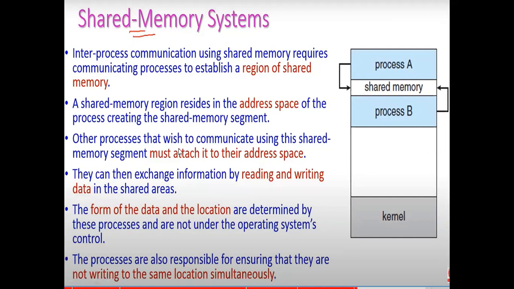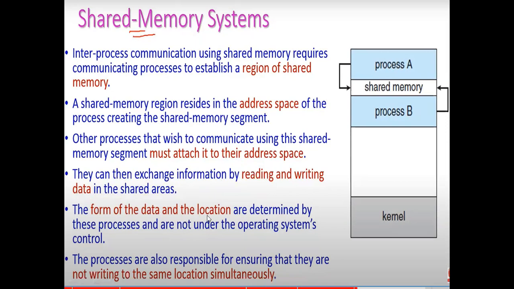Other processes that wish to communicate using the shared memory segment must attach it to their address space. Then the information can be exchanged by reading and writing data in the shared region.